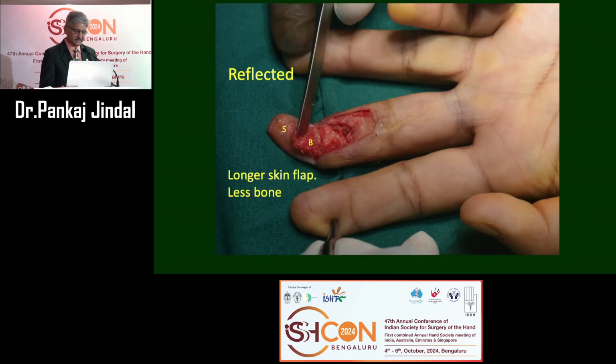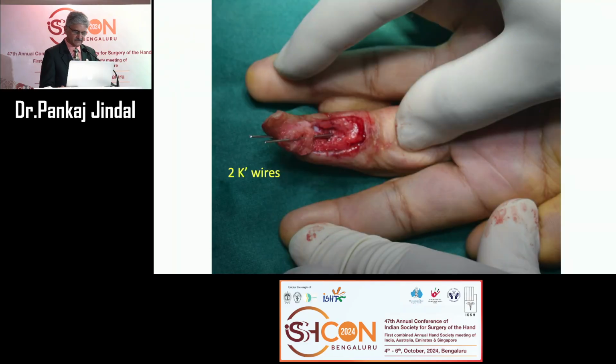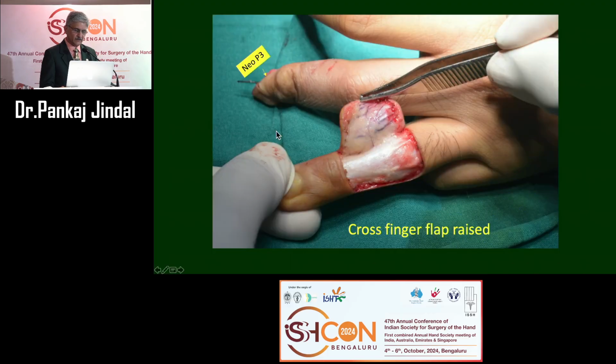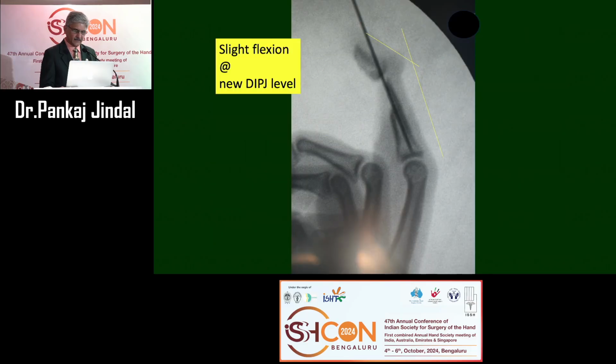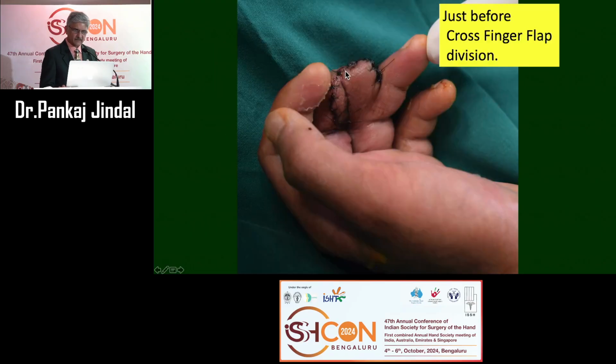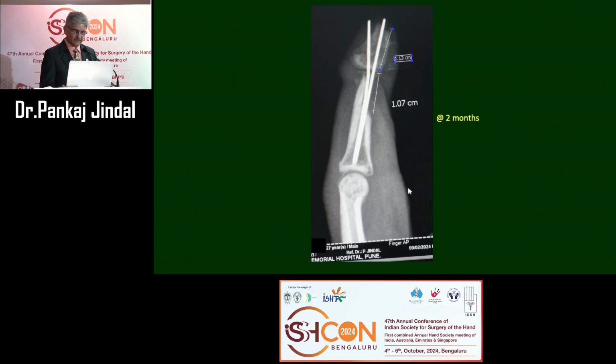They were reflected distally, and the defect so created, after fixation with two K wires, was covered with a cross finger flap and anchored with two wires, and the DIP joint is fixed in slight flexion. This is just before cross finger flap division. This is after 2 months, and we have a lengthening of about 11 millimeters.